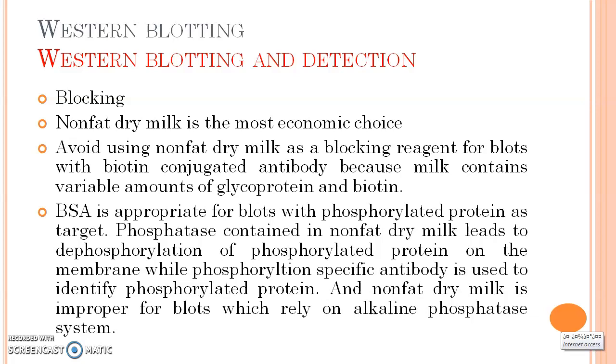Phosphatase contained in non-fat dry milk leads to dephosphorylation of phosphorylated protein on the membrane, while phosphorylation-specific antibody is used to identify phosphorylated protein. And non-fat dry milk is improper for blots which rely on alkaline phosphatase system.